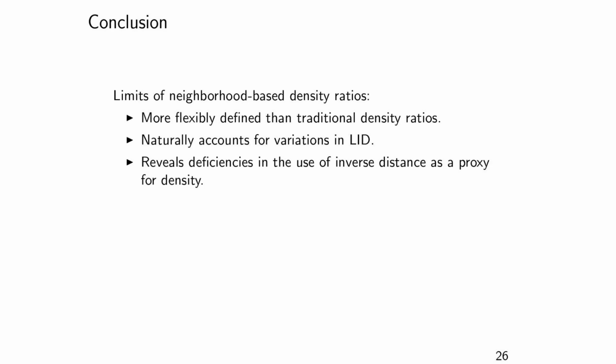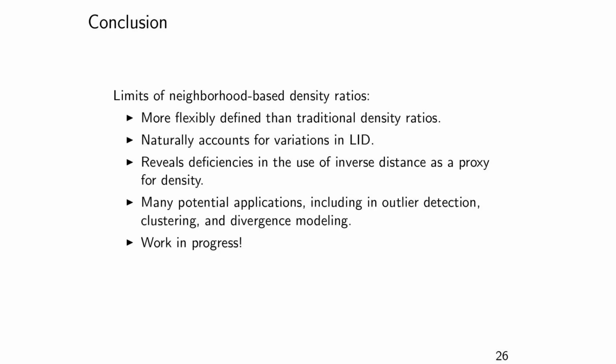This use of neighborhood-based density ratios in their limits reveals deficiencies in the use of inverse distance as a proxy for density, and there are many potential applications that use existing density ratio methods, including in outlier detection, clustering, divergence modeling, and the like, that could benefit from this. So thank you very much, and I'm looking forward to meeting and discussing with you later on in the conference.